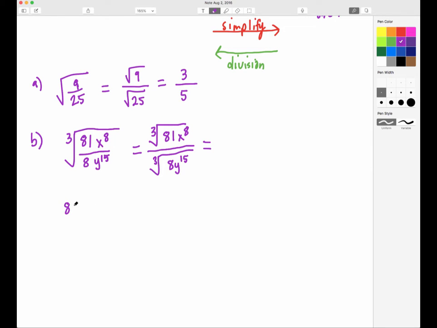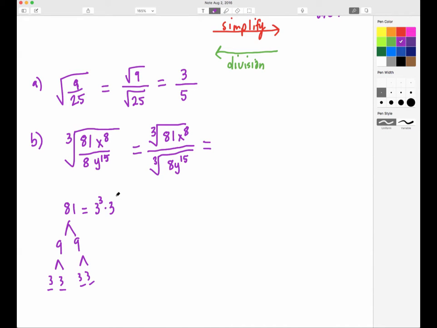So I know 81, well, that is 9 times 9. And let's factor even more. That's 3 times 3. This other guy is 3 times 3. So that means that 81 is, we have 1, 2, 3, 4 of these 3's. We have 3 cubed times an extra 3.